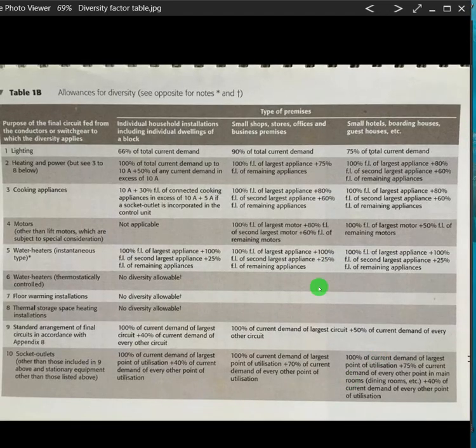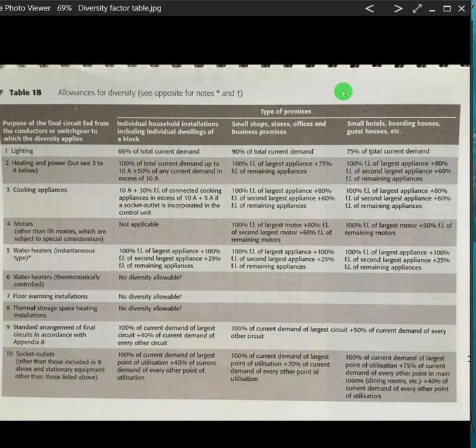Because we are working under commercial, this is under commercial, small hotel, boarding houses, guest houses. So this is the column that we are going to use. For us to apply diversity factor under lighting, we're going to use 75%. Okay, 75% is the total allowance of the lighting system we are going to use.